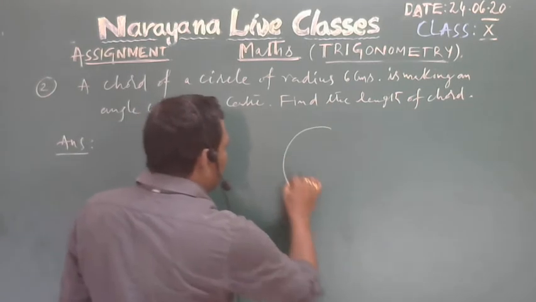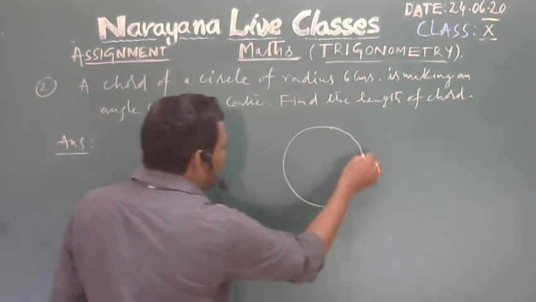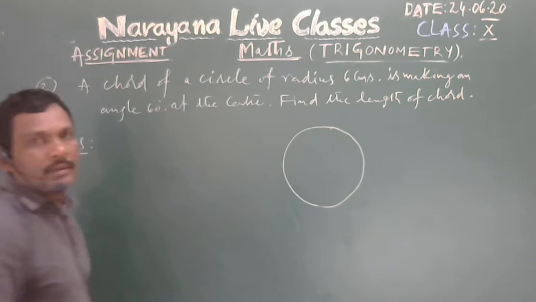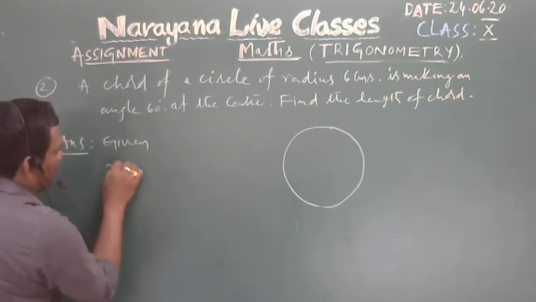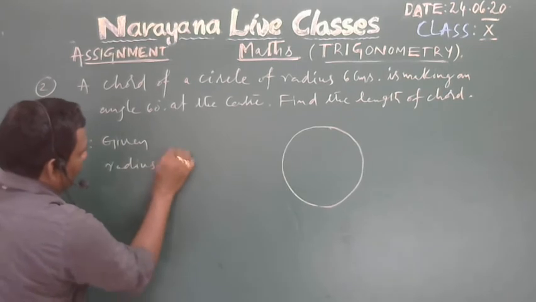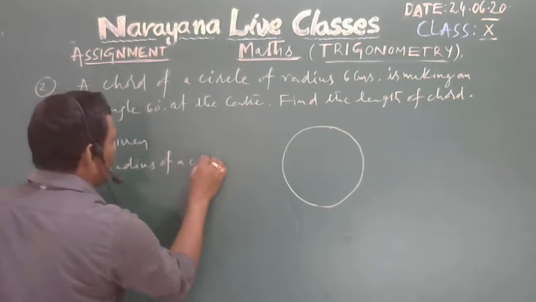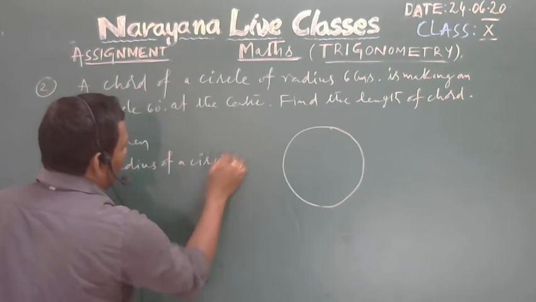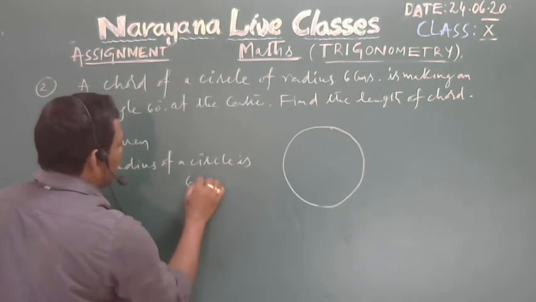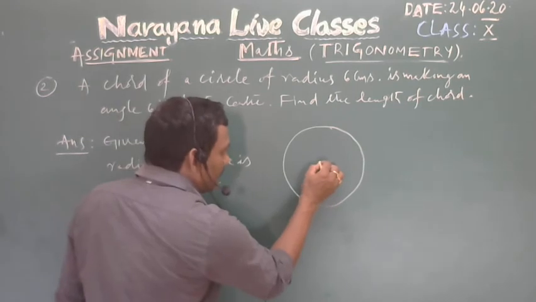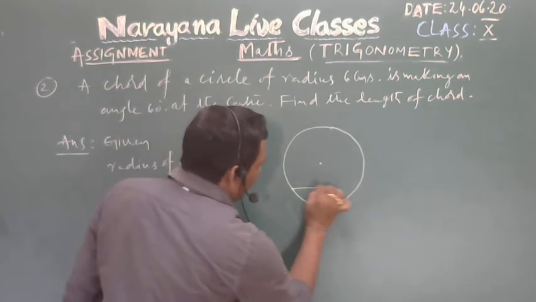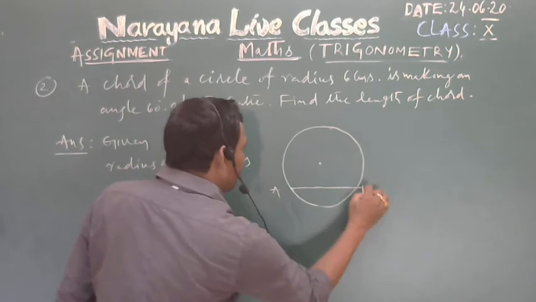Draw the circle, radius 6 centimeters. Given radius of circle is 6 centimeters. Here is the center of the circle. Now AB is a chord.